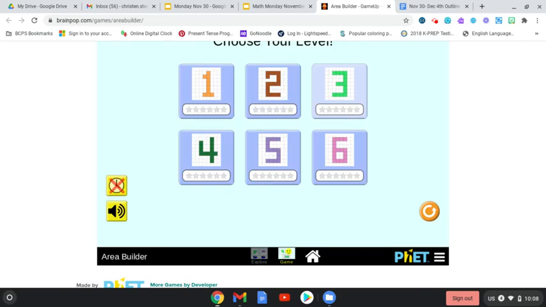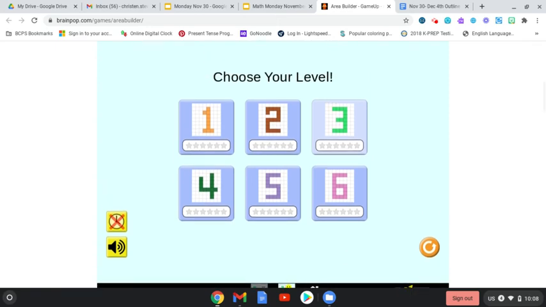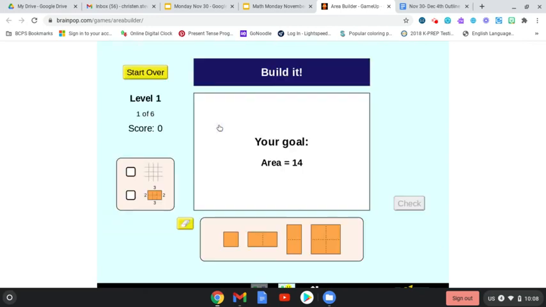Now, obviously there's different levels, okay? If you are still a little shaky about area and perimeter, you're going to want to go to level 1. If you feel more confident, you can go to level 2. Let's start with level 1. Here it says I'm going to build a rectangle that has an area of 14.